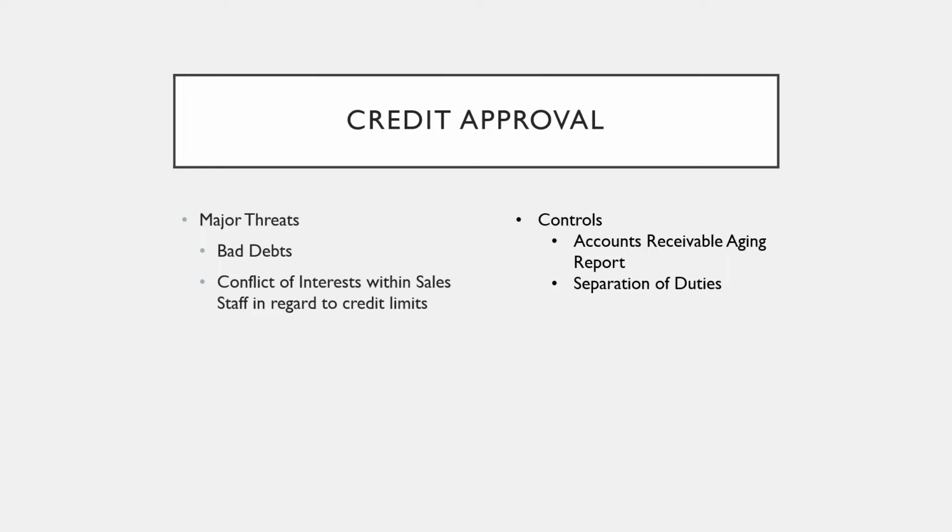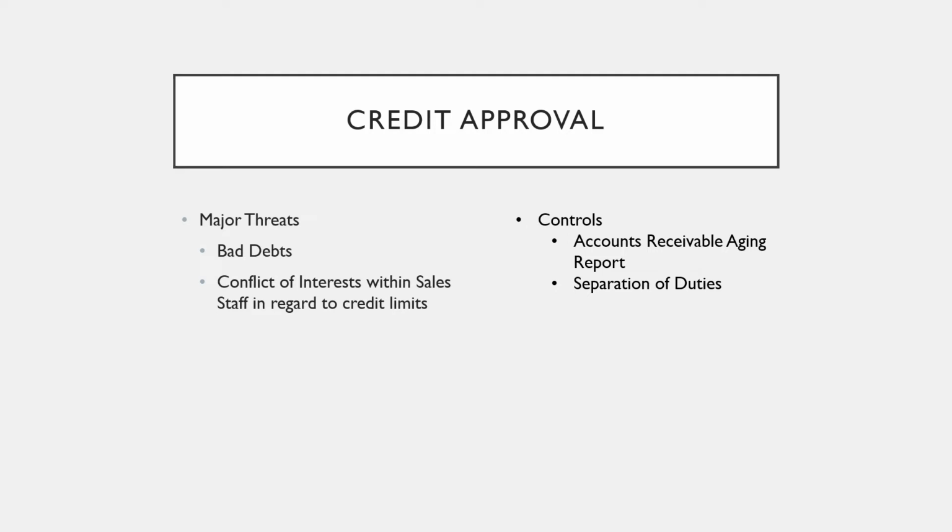Next in line we have the activity of credit approval. With the major threats of credit approval, you will have clients and guests that will try to order something above their credit limit inside retail stores or wherever they might be shopping.